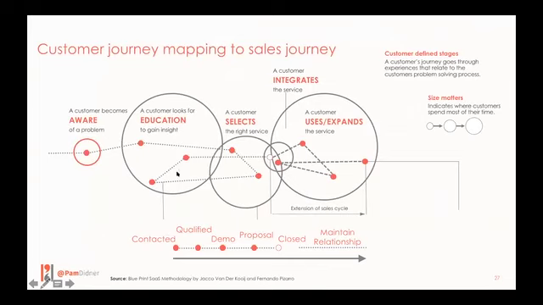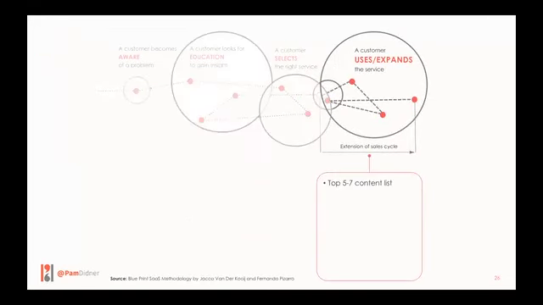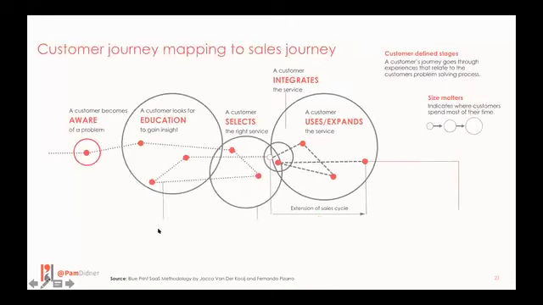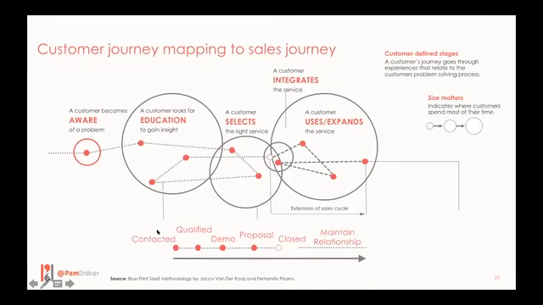So I'm trying to map that and this together. Then in a way, once I identify those top content, I can determine and evaluate which content can also apply to the sales team. Does that make sense? So I'm trying to simplify it.